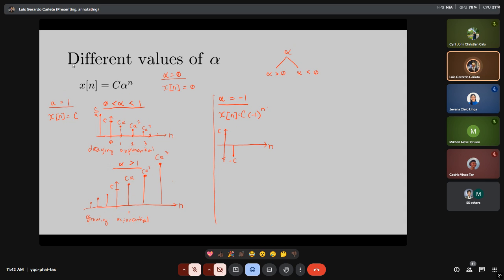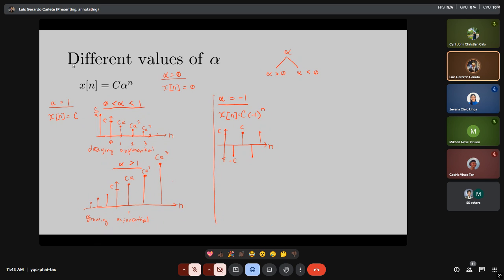And then if I go to the positive side again, that's once again positive, and then it's going to go back to negative again, and then positive, and so on and so forth, right? So you have this flipping effect. It flips from positive to negative back and forth because of the fact that alpha is a negative number.